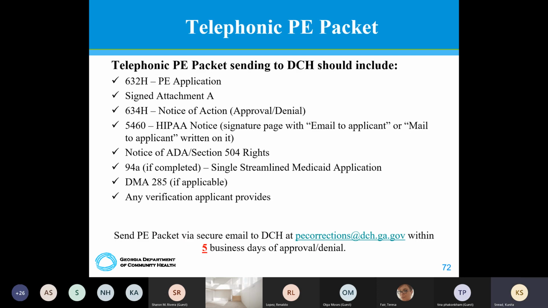Now for the telephonic PE packet, this is what your telephonic signature PE packet should consist of. Of course, the 632H, a copy of the attachment A where you sign on their behalf. The 634H, either the approval or denial for all eligible or ineligible individuals.